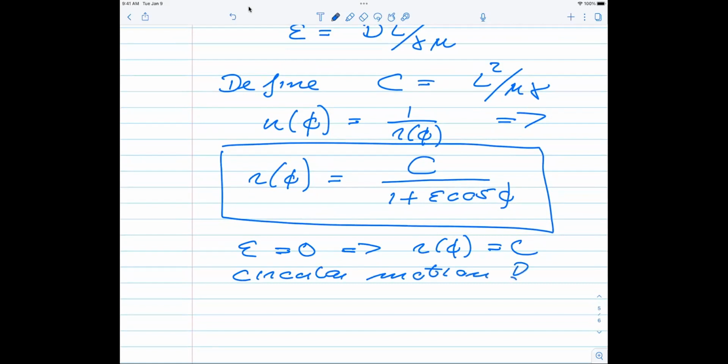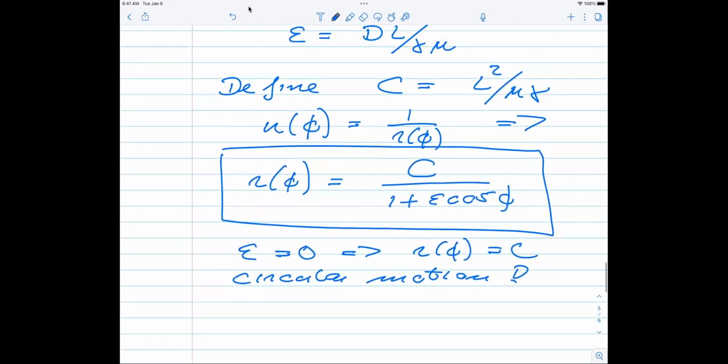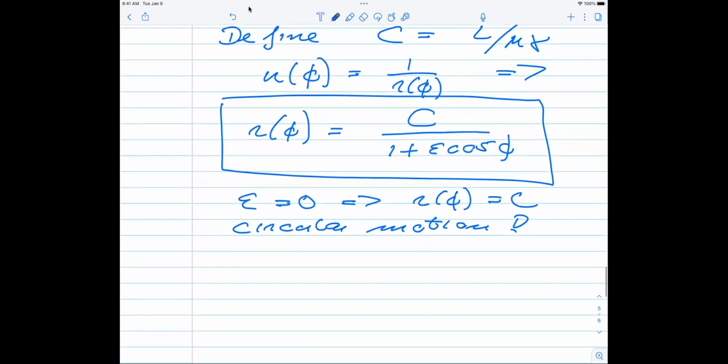So we got circular motion without actually doing much here. And it means that the c, which is now defined in terms of the angular momentum, the mass, and the constants in front of the force, simply tells us that in this specific case, we end up with an expression which gives us a circular motion.